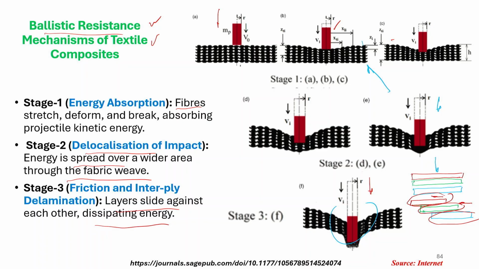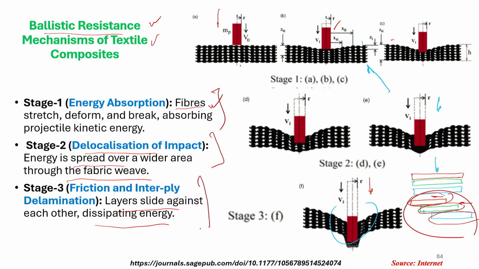So, there may be different types of delamination. There are three ways. One is stage 1, due to the fiber stretch. Second, due to the weave structure, the energy gets delocalized, where a large area will be responsible for absorbing energy.